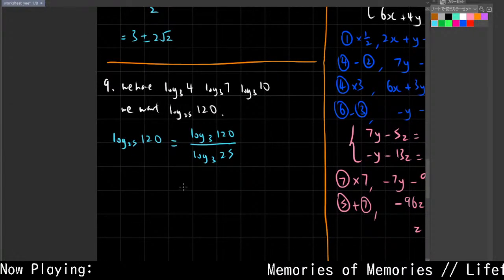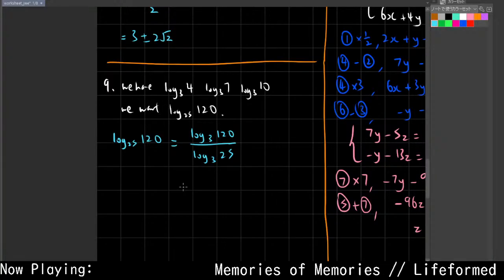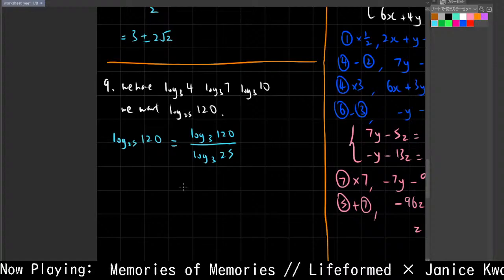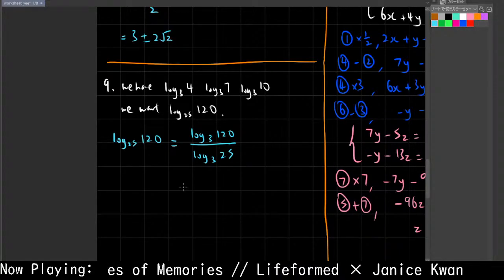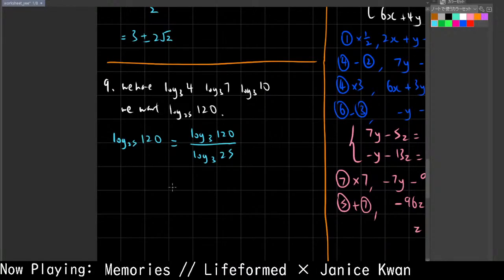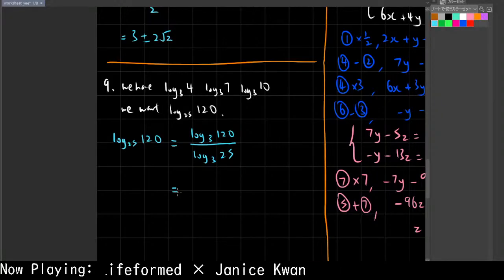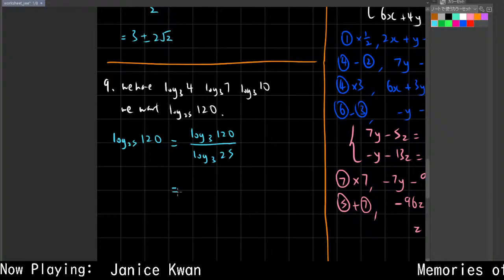Then you want to find a way to split your numbers such that it can be represented by a combination of either of the 4 numbers, 3, 4, 7, 10. So it's like this. 120 can split into 12 times 10. 12 we can split into 4.